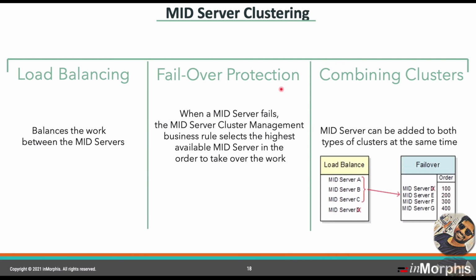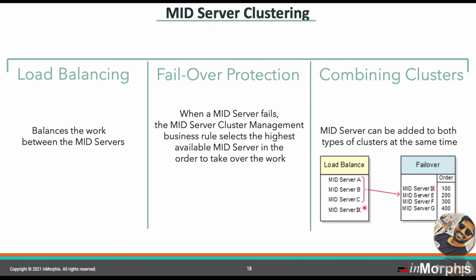To understand the example, let's say I have created one cluster that is a load balancer, where mid servers A, B, C and D are connected in a load balancing way. Then we are having a failover, that is mid servers D, E, F and G. Let's say the order is 100. So whichever is getting the highest order, that will get the data. So let's say D is down. Okay.